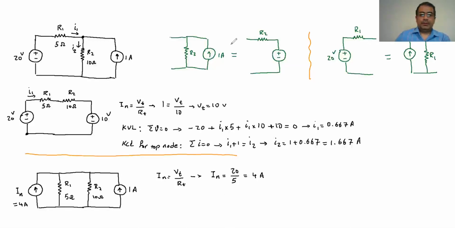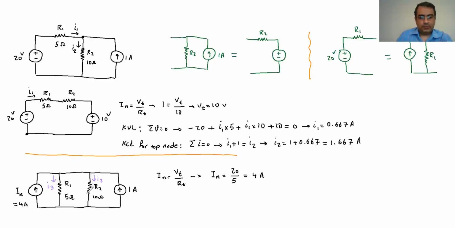Now look here. I want to find I1 and I2 in this case. I know this one is I2 here, so it's going to be I2 here as well, and here, whatever goes through that, we don't know what it is, so I'm going to call it I3.